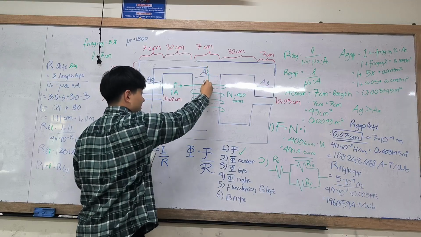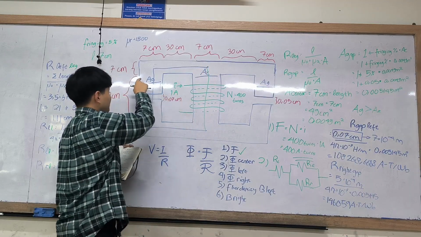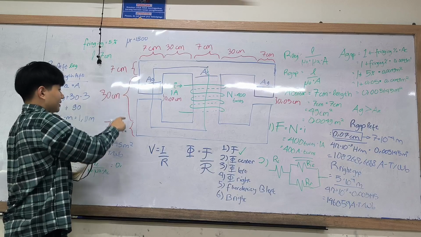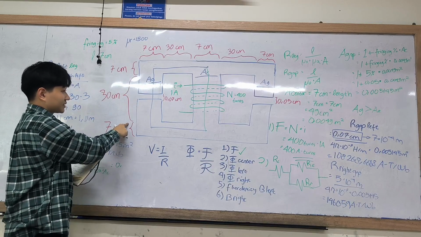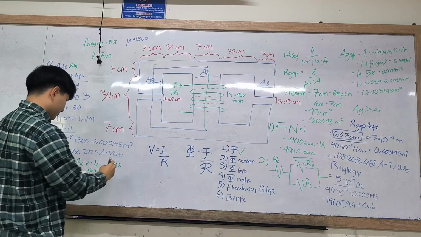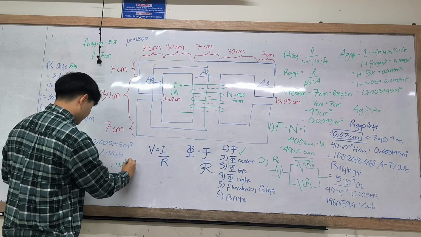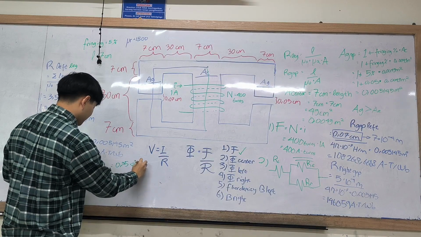So this is the length of the center leg. So it's 0.35 plus 30 centimeters and plus 3.5 centimeters. So it will be 0.35 times 2 plus 0.3.